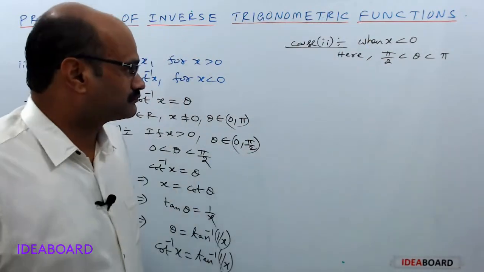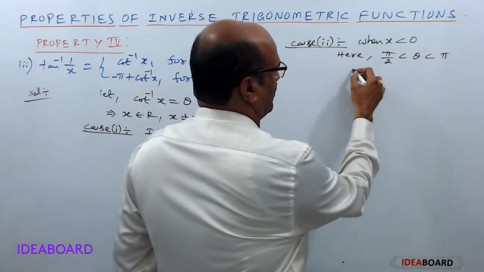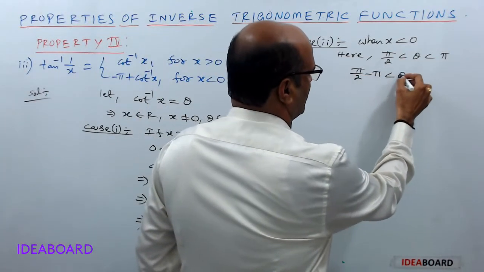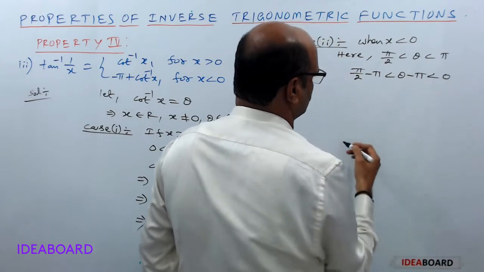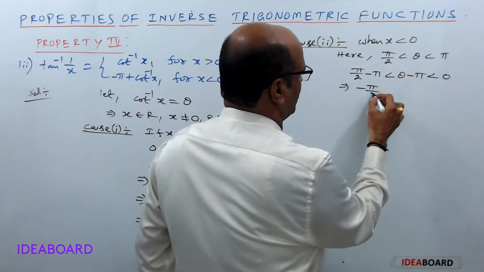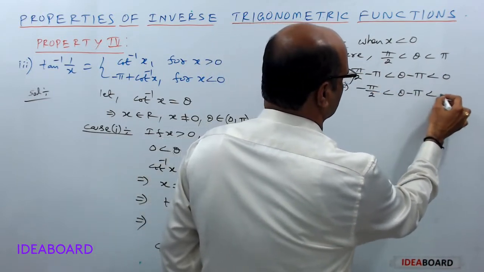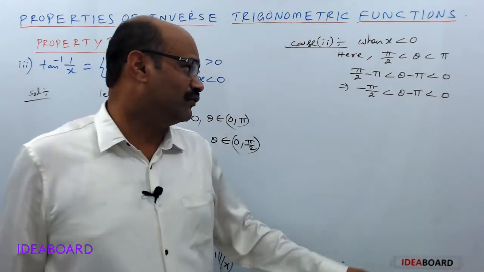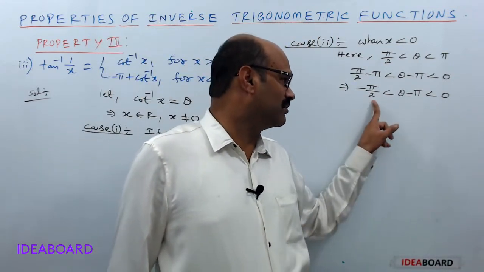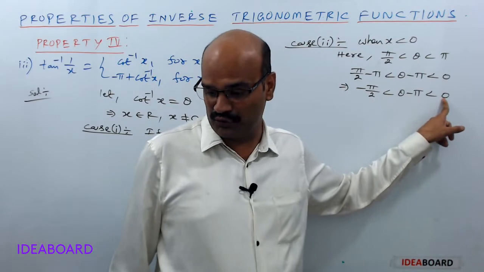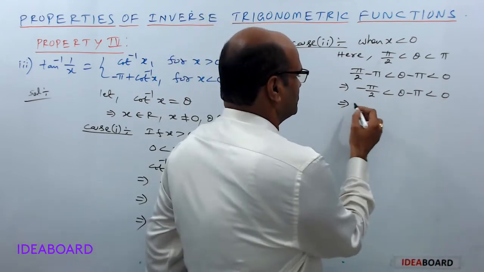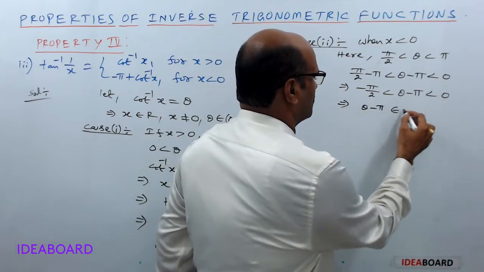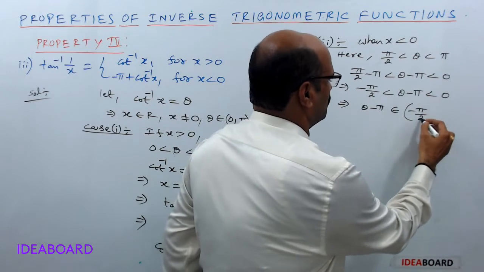Now, pi by 2 minus pi less than theta minus pi less than 0. So minus pi by 2 less than theta minus pi less than 0. Therefore, theta minus pi belongs to minus pi by 2 to 0.